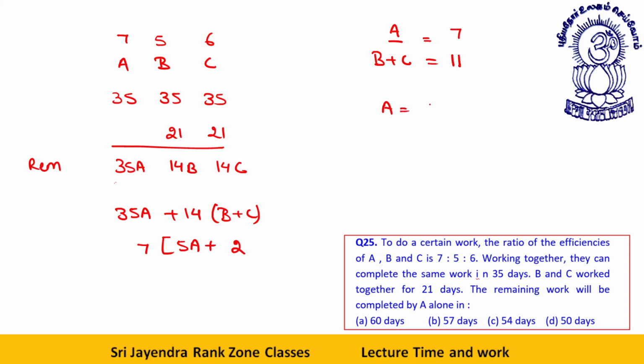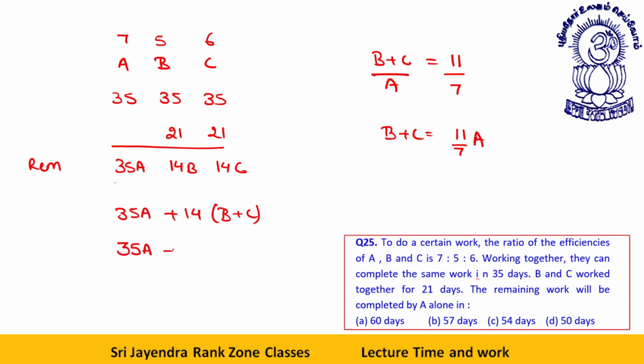So A is equal to 7, so B plus C will be 11 by 7 of A. Then 35A plus 14 into 11 by 7A, that is 35A plus, this cancels to give 2, 22A, or 57A, that is 57 more days of A. Clear?